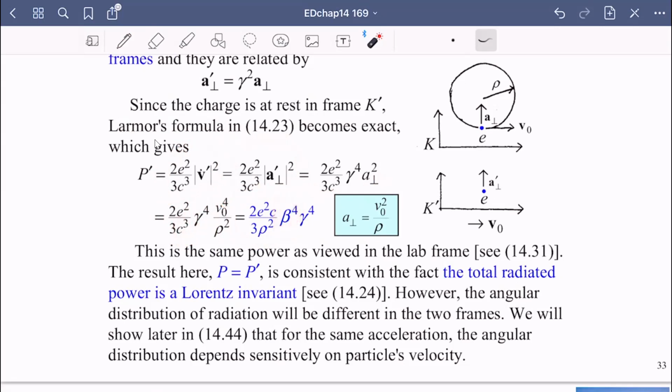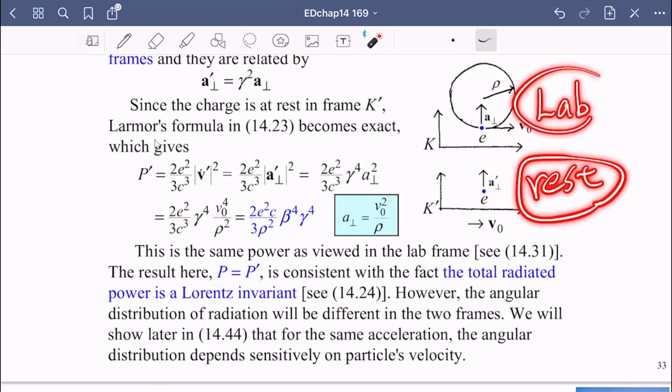This is the same power as obtained in the lab frame, see equation 14.31. No matter whether we compute from the rest frame or the lab frame, they should be exactly the same.